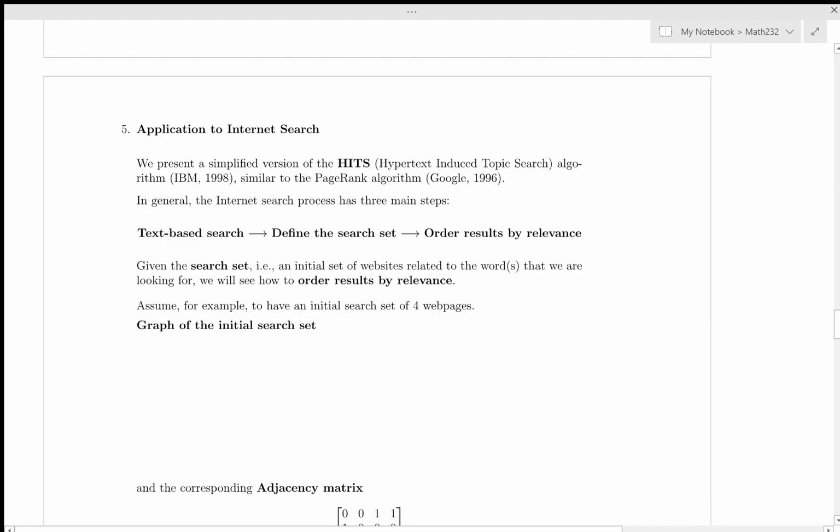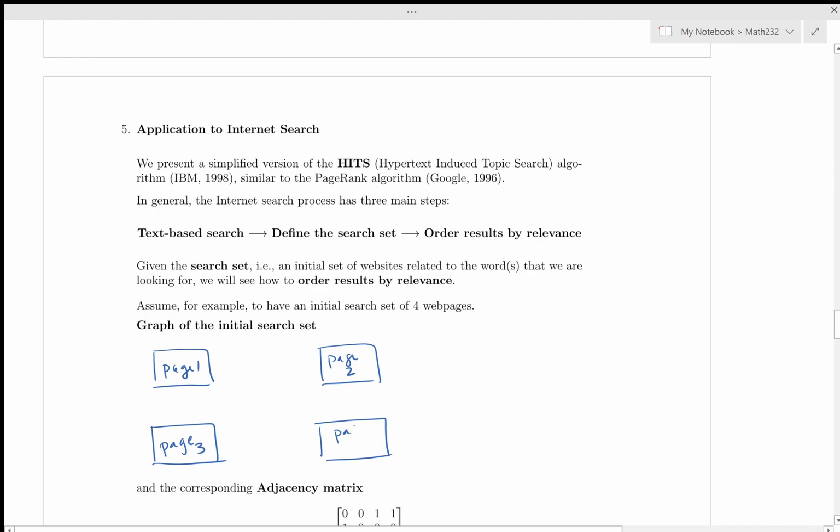So let us just imagine we have an internet consisting of 4 web pages, and that's all. We would have page 1, page 2, page 3, and page 4.